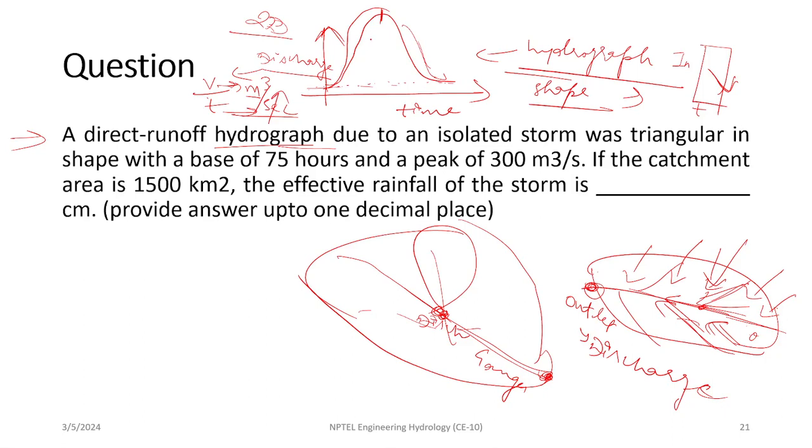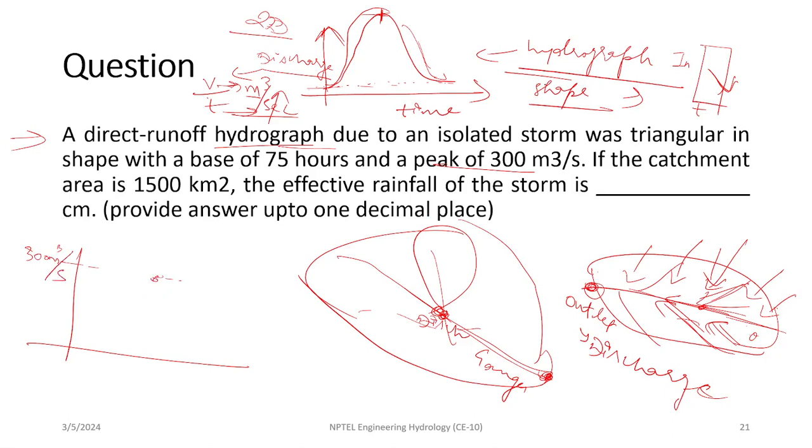Now what is given in this question? It is given that there is a peak of 300 meter cube per second, so the maximum discharge is given.